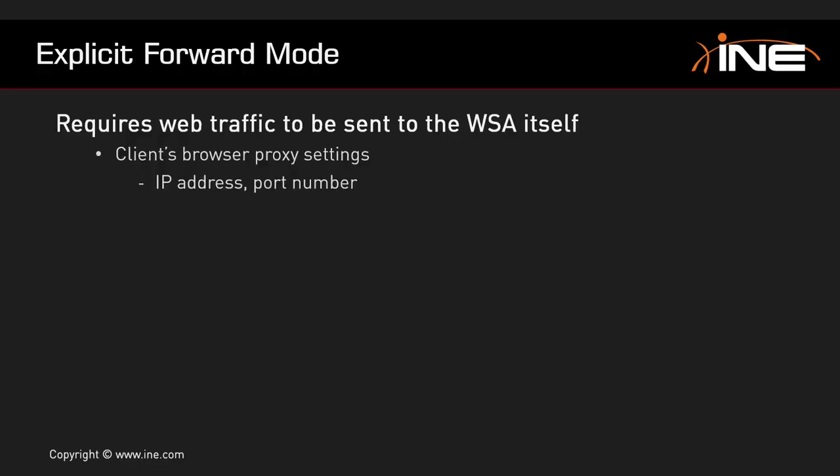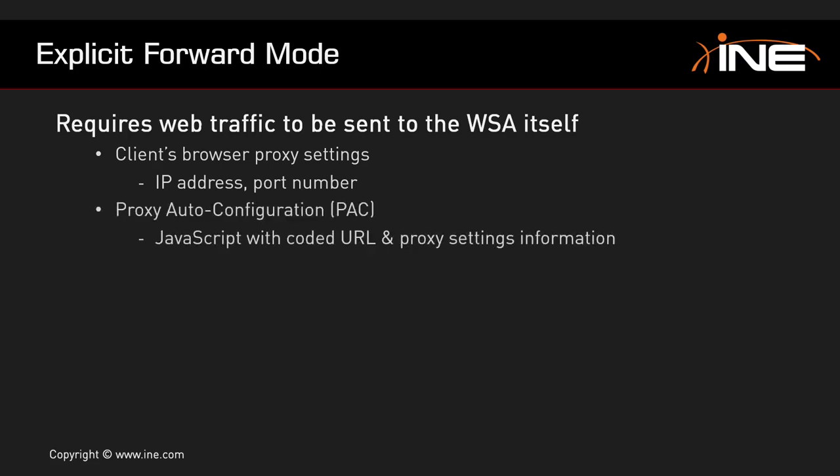But just in case you want to use this mode, it is also possible to use a proxy auto configuration file to push the information about the proxy IP address for certain prefixes, because this is actually what a proxy auto configuration PAC file is supposed to tell the browser.